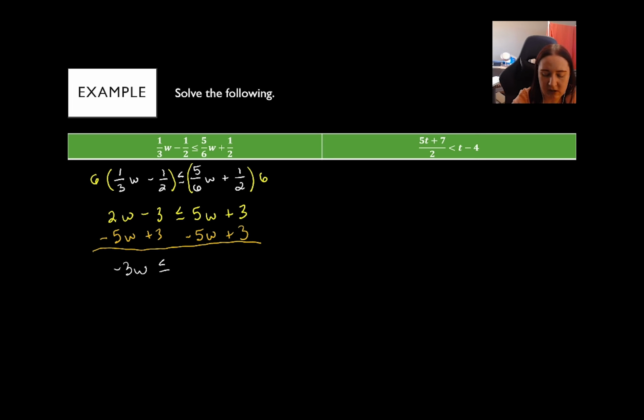I have a less than or equal to, and then 3 plus 3 is 6. So now you want to divide both sides by negative 3. And we're dividing by a negative, so our inequality changes direction. Now that's going to become a greater than or equal to. And that is W, and then minus 2.